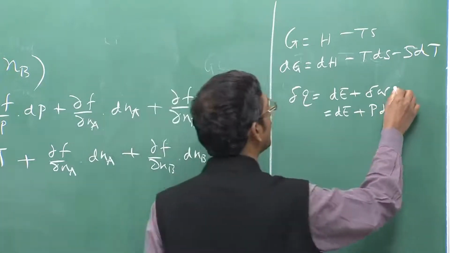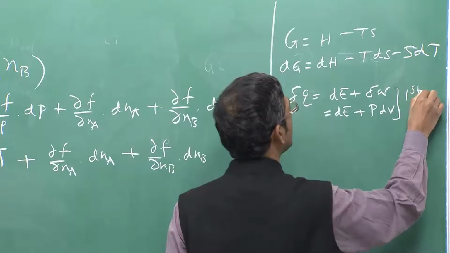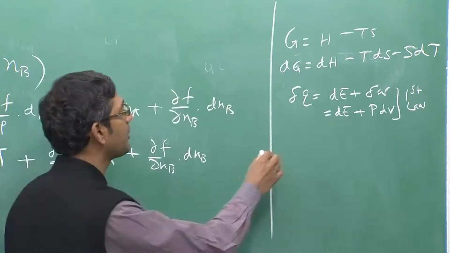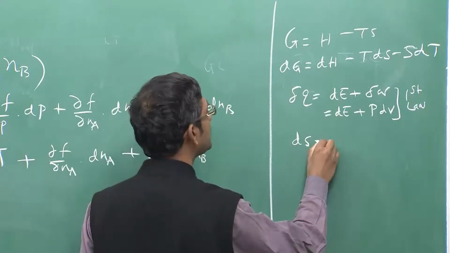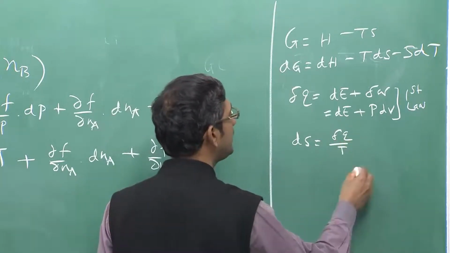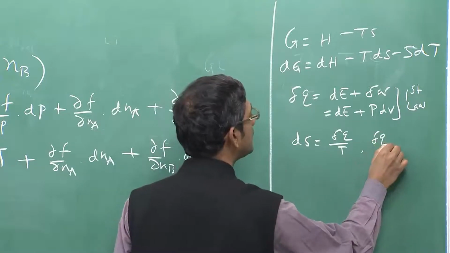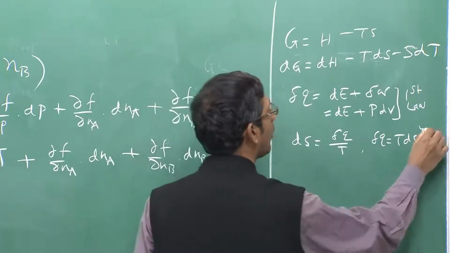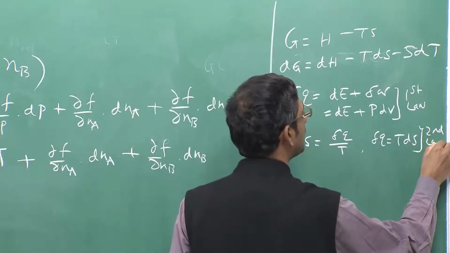This is from the first law of thermodynamics. And what do I know from the second law of thermodynamics? The second law tells me the definition of entropy, dS is equal to dQ by T, therefore delta Q is nothing but T dS, and this is from the second law of thermodynamics.